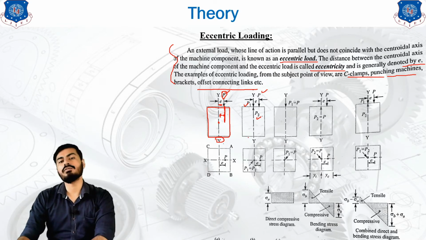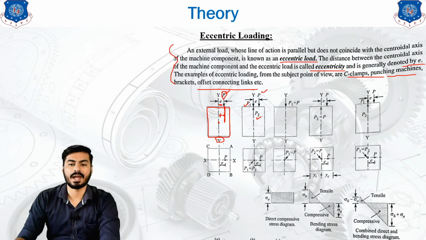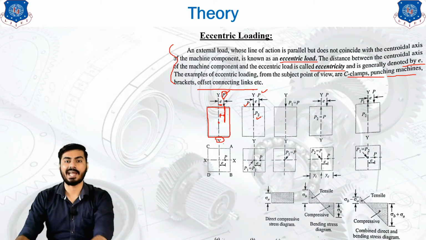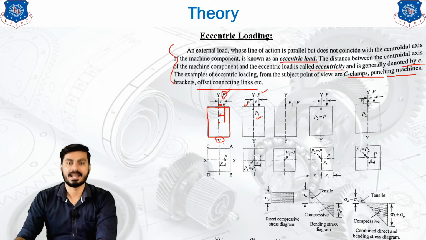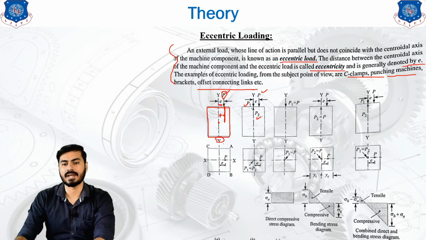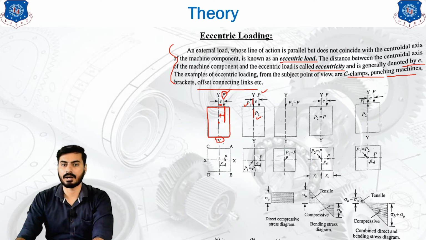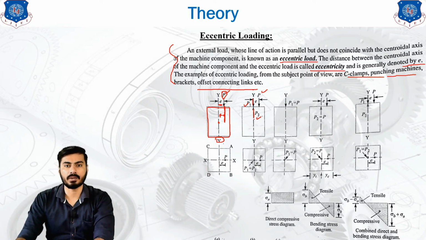We are going to apply those two forces in exactly opposite directions with the same line of action. As you can see, P1 and P2 are applied in opposite directions: P1 is downward and P2 is upward.